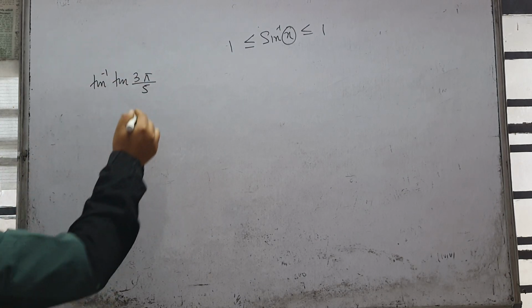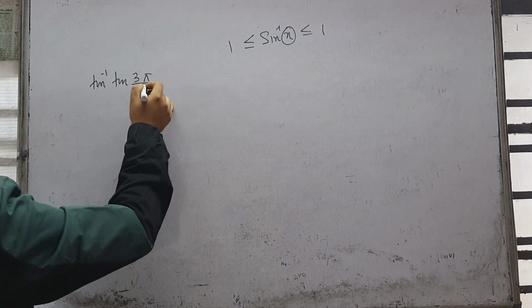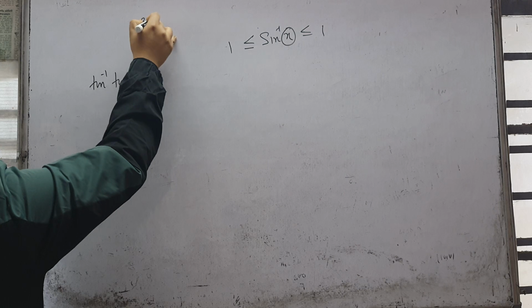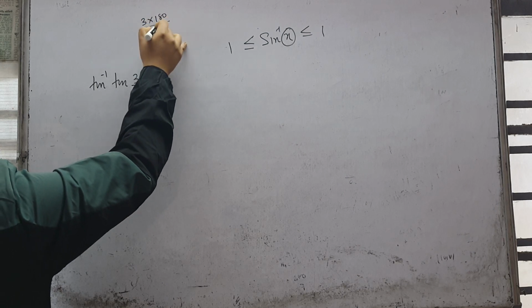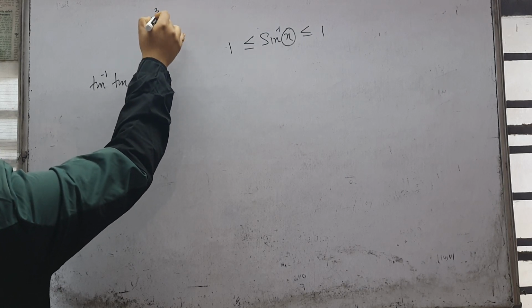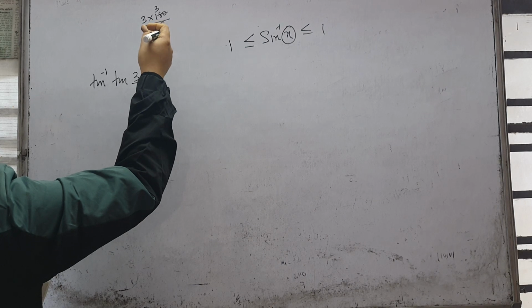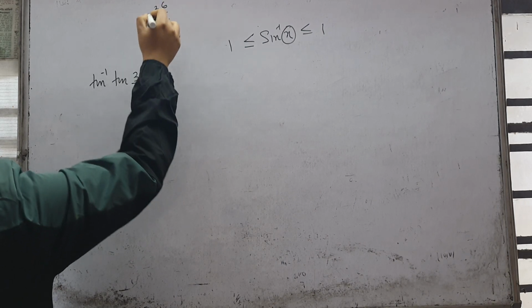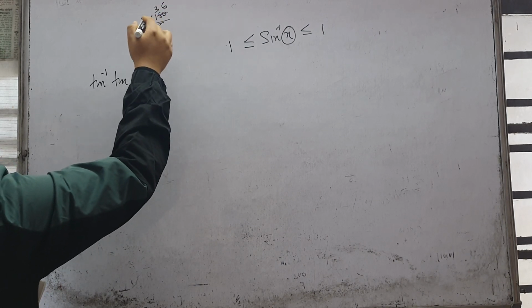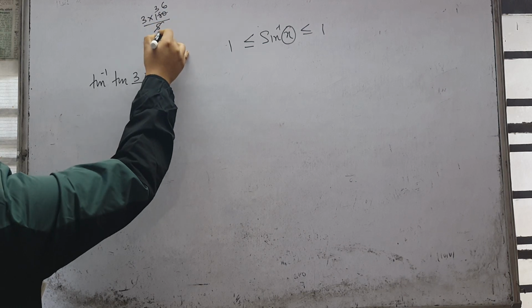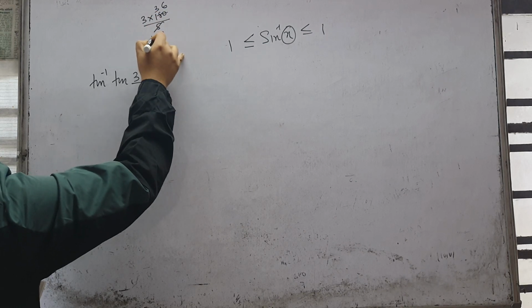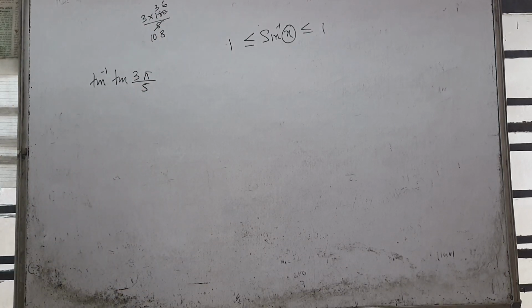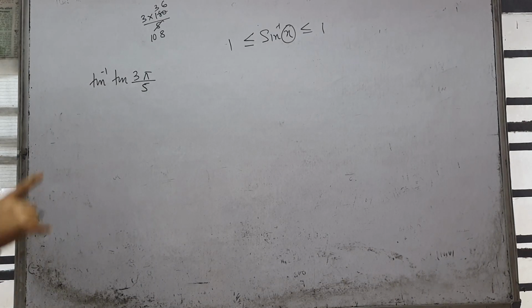So just see, this is 3 pi by 5, that is 3 into 180 by 5. 5 sixes are 30, 6 threes are 18, so you get 108. It does not lie in that range, yes or no? And remember how I taught you to simplify this?